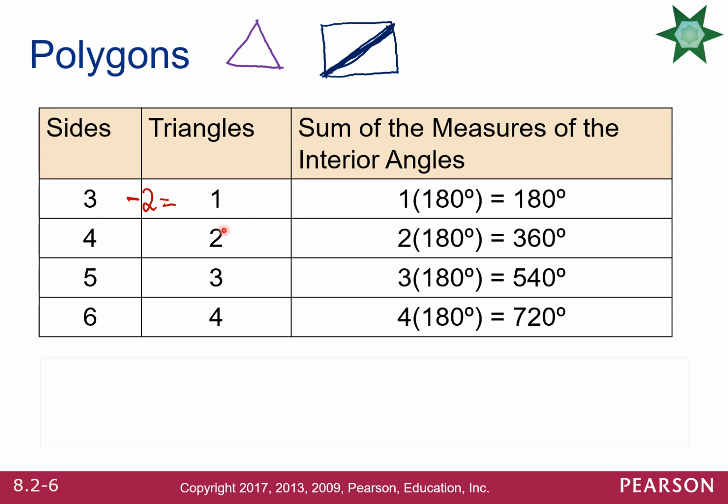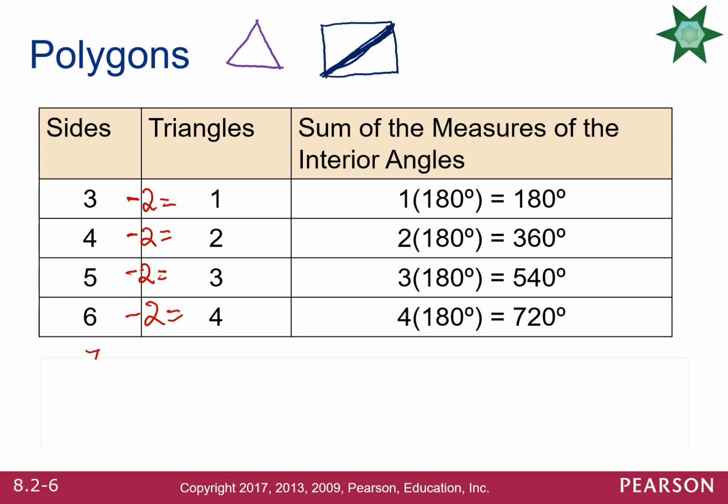The relation between 4 and 2 would be 4 minus 2, correct? For a 5-sided figure, the number of triangles is 3. So that's 5 minus 2 again. All right, so we are getting closer on the deductive reasoning. Then 6 minus 2 also is a 4, right? So 6 minus 2 equals 4.